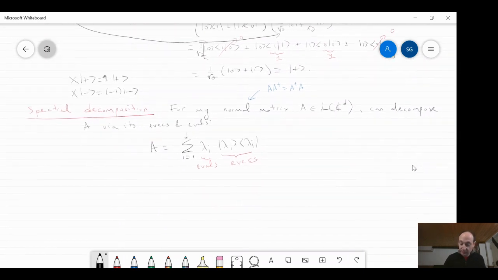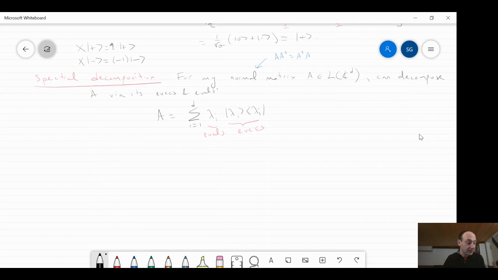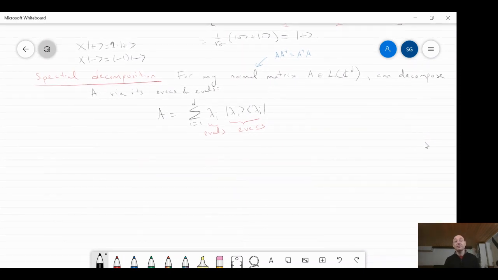This is a remarkably useful representation of the matrix A. It tells us basically everything we need to know about how A acts on the space. So let me tell you a bit more about that. It turns out we can always choose... this is not true for arbitrary linear operators.